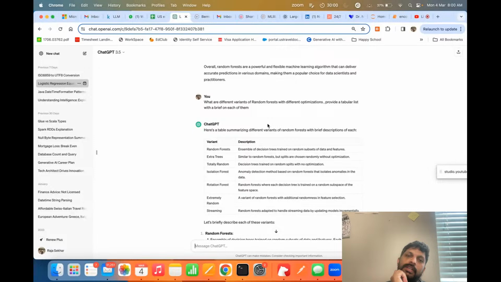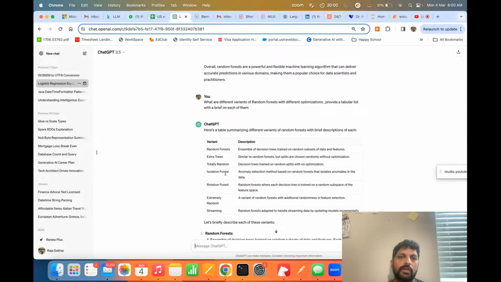That's the key thing: how do you split into the number of trees, how do you make the choice of features, how do you make the choice of number of values based on that, and then optimizing it further. But splits are chosen randomly without optimization.